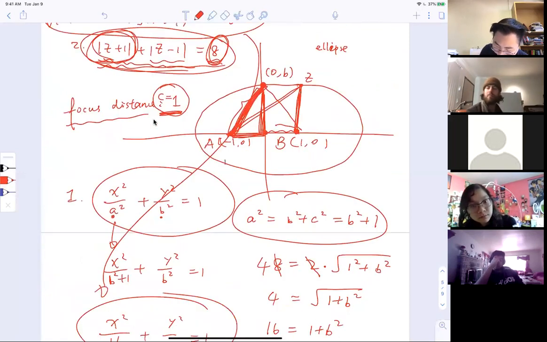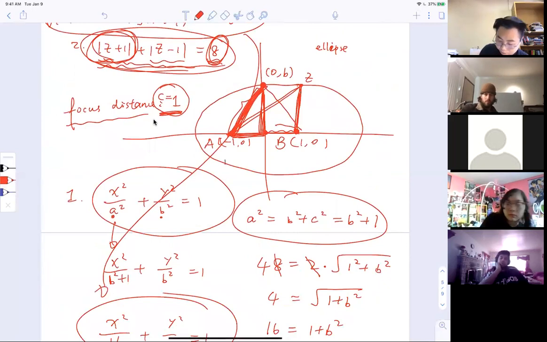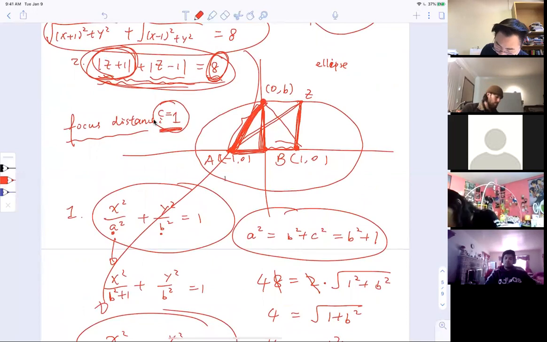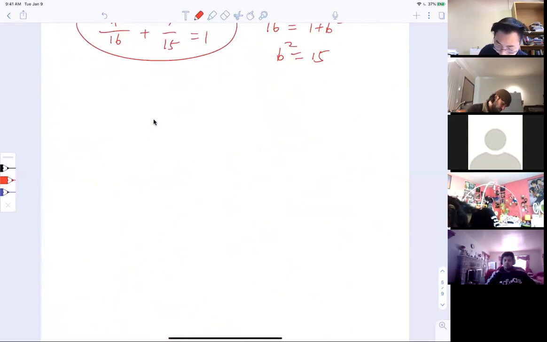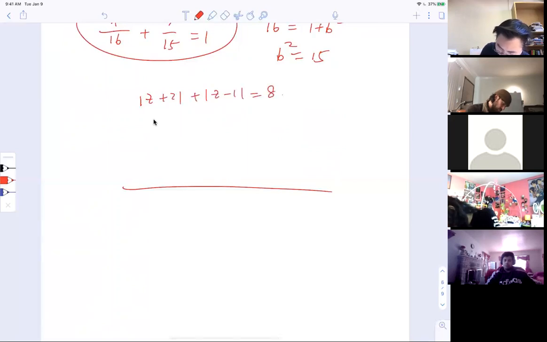Basically, it's the total distance from A to B divided by 2. So here is 1, here is -1. The total distance is 2, and then divided by 2. Very good question. Thanks for asking.